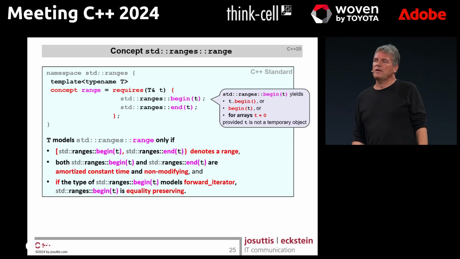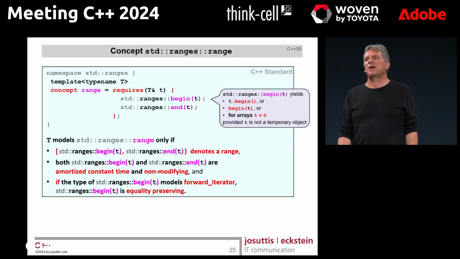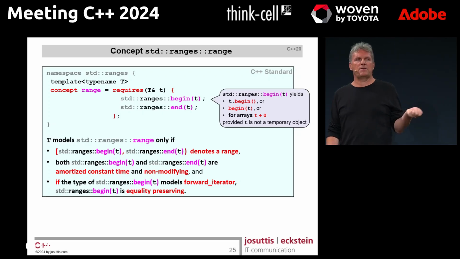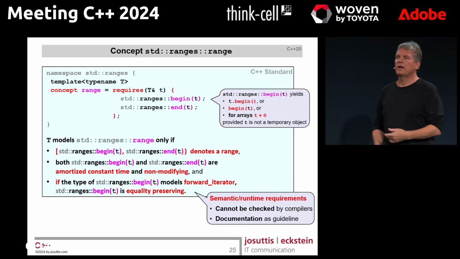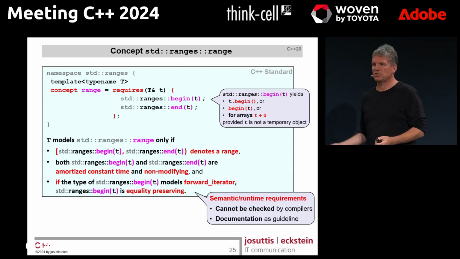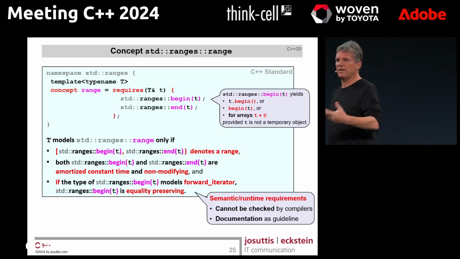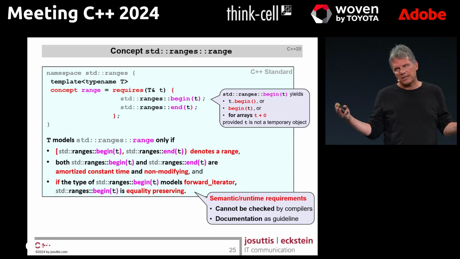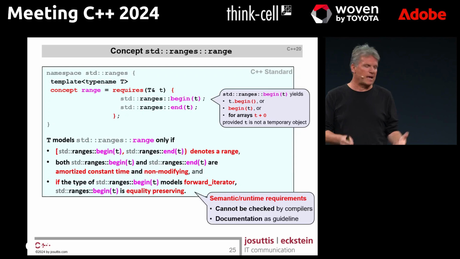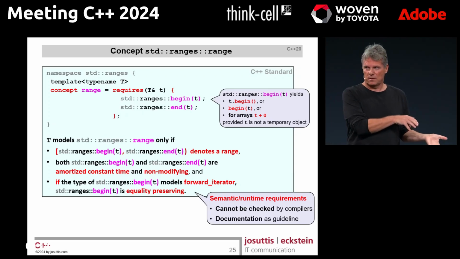So you see here that concepts not only specify testable behavior, they also specify semantic or runtime requirements which cannot be checked by compilers and to some extent are just documentation. Documentation in two ways. You should make sure that if you have something that looks like a range, so something that provides begin and end, that should be met.